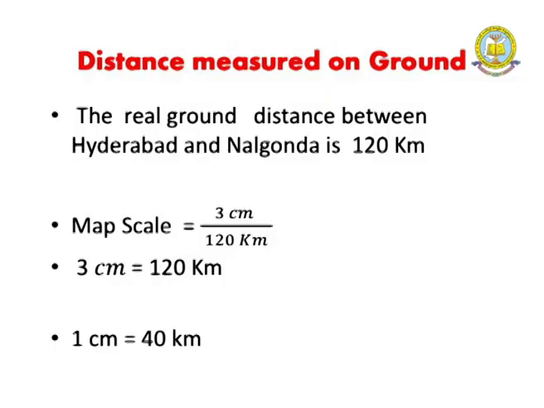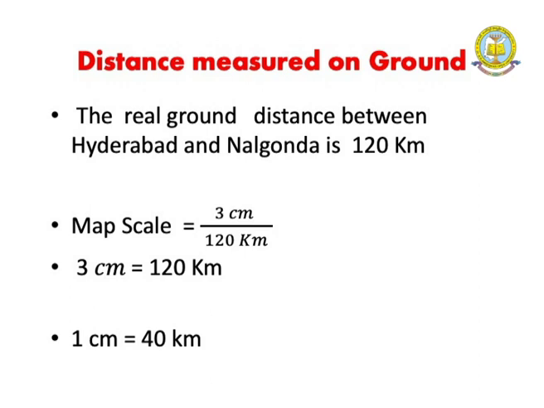To find the map scale of this map, we can use the formula: map distance divided by ground distance, that is, the distance between two points on a map divided by the distance between those two points on the ground. The distance between Hyderabad and Nalgonda on the map is 3 centimeters and on the ground is 120 kilometers.